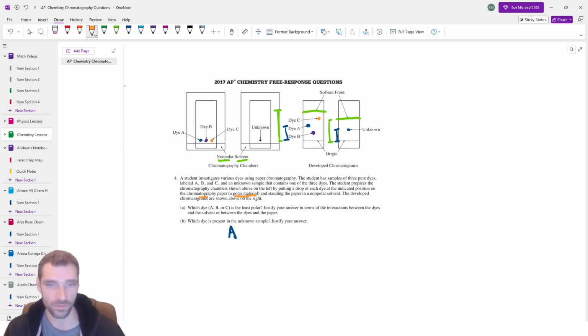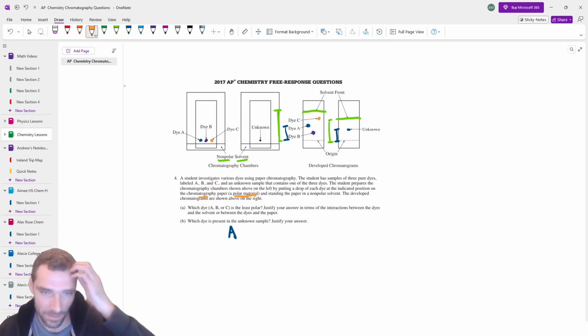So we know that the chromatography paper is polar and the liquid is nonpolar. And this is pretty standard for chromatography. There is reverse TLC, which is going to switch them on you, but you're probably going to see the normal way of doing this, which is having a nonpolar solution in a polar paper.